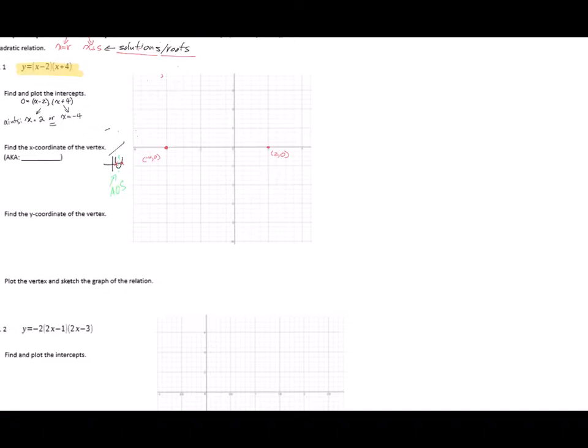And what we did was we always just took the AOS as the average of the two x values. So now, when we're finding the x coordinate of the vertex, we're actually finding the AOS, the axis of symmetry.